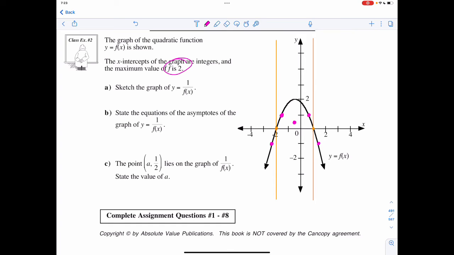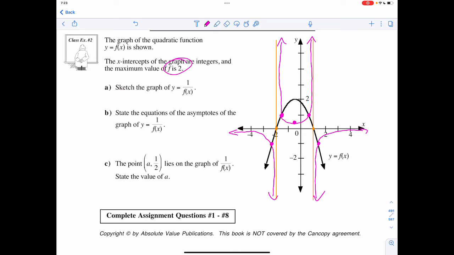And then as my original function went up, my reciprocal function is going to go down, and vice versa. And it's going to stretch closer and closer to those asymptotes. Same thing here. As my original function is going up, this one's going down, getting closer to that horizontal asymptote. And as this one goes down, it gets closer to my vertical asymptote.